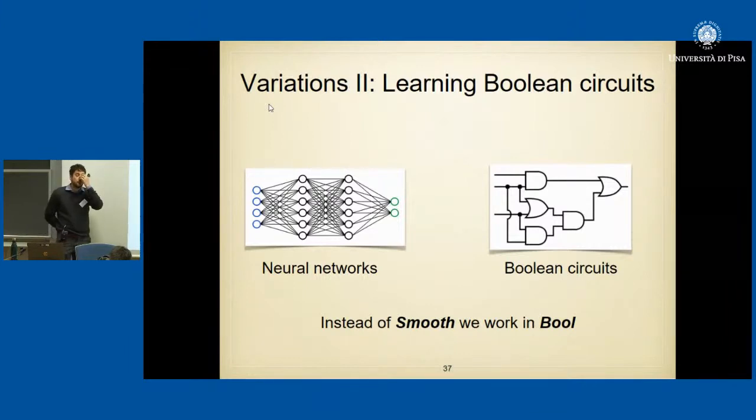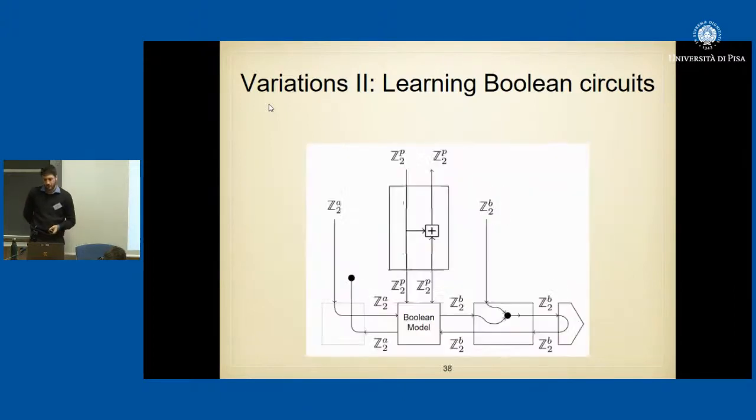In terms of learning, we can see a Boolean circuit as a very simple kind of a neural network, where instead of having real values flowing in and out, I'm just computing with Boolean values, with bits 0 and 1. So we can just take our picture of learning for neural networks, transfer it to the category of parametric lenses in Boole, and try to see what happens.